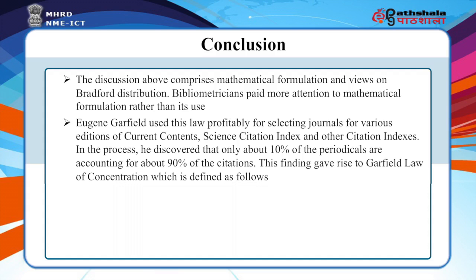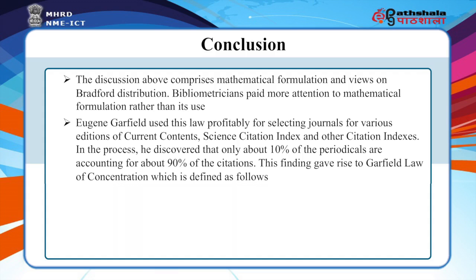From these, he was to choose initially 600 plus periodicals. In the 1970s, the number went above 2000. Here, he took the help of Bradford distribution and went for core periodicals of a specialty. In this process, he discovered that only about 10% of the periodicals are accounting for about 90% of the citations.